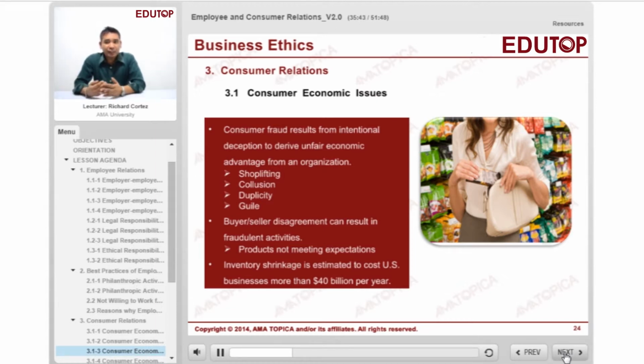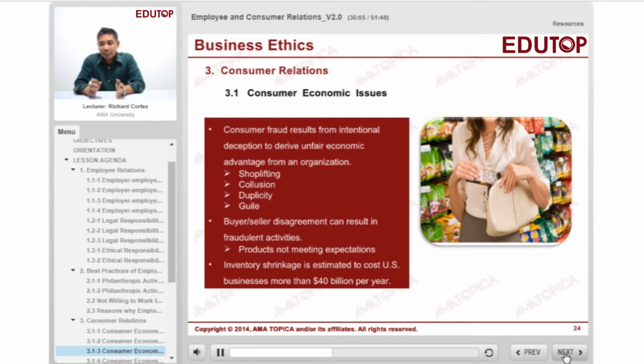You steal an item from a shop, from a company, without paying for it. But today, I think shoplifting is now being monitored. Shoplifting is being discouraged today because of the CCTV cameras installed in different companies or shops of a business.